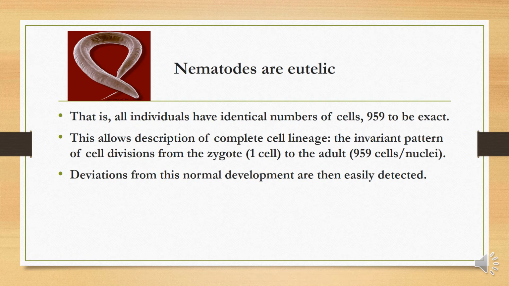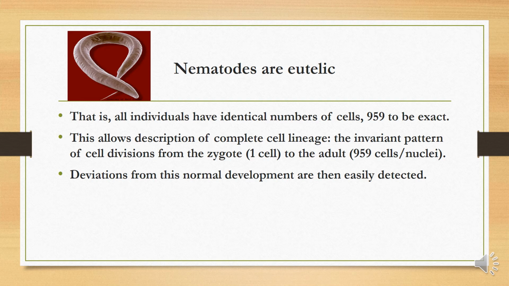Now, one of the important things is that nematodes, or C. elegans, are eutelic. That is, all individuals have an identical number of cells, that is 959 cells to be exact. So this allows the description of complete cell lineage, the invariant pattern of cell divisions from the zygote, that is one cell, to the adult 959 cells, and deviations from this normal development are easily detected.